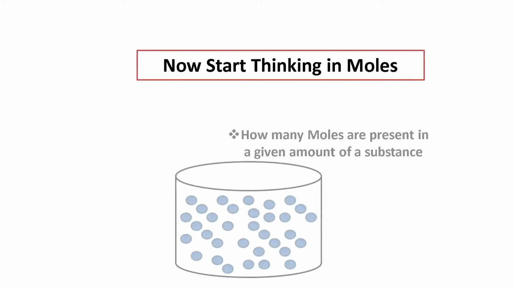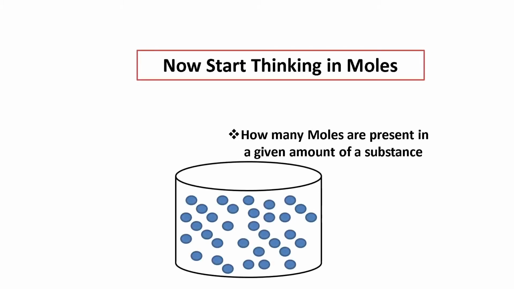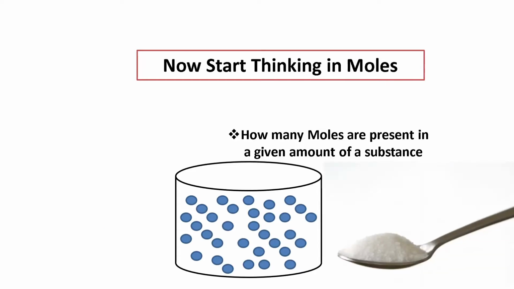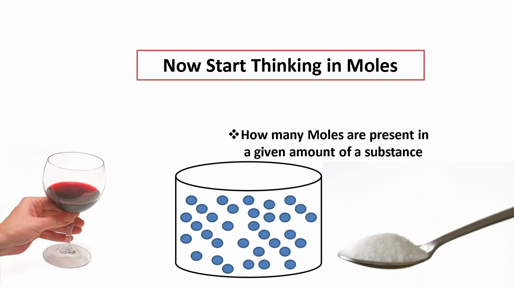Here we have a container containing some substance. Try to think how many molecules are there in it. Here is a tablespoon of table salt. Think how many molecules of sodium chloride are there? Or how many sets of moles you can make with these molecules? Here is a glass filled with some solutes in it.